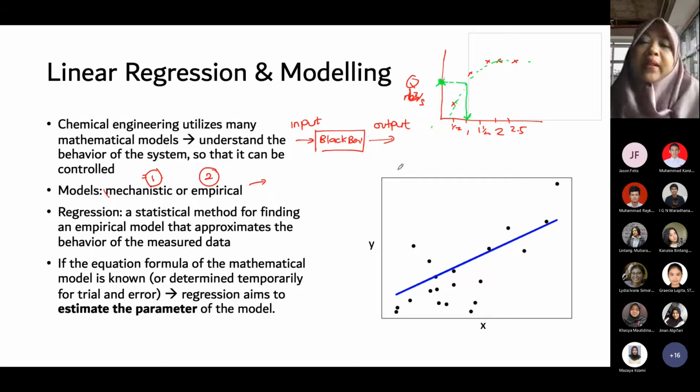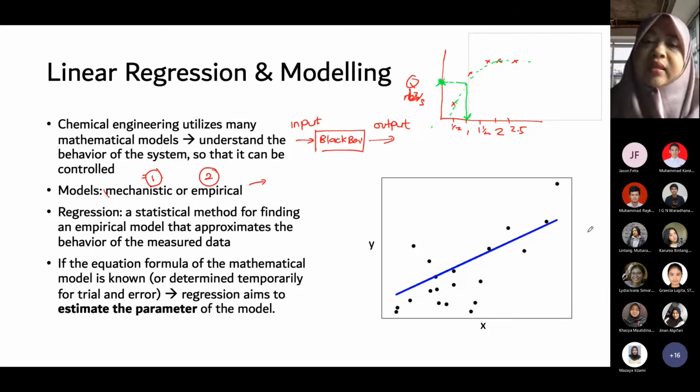Okay, for example, another example is this one. This is the y variable, and then another different parameter, and this is the result from the phenomena. Here it is estimated that this is the model.